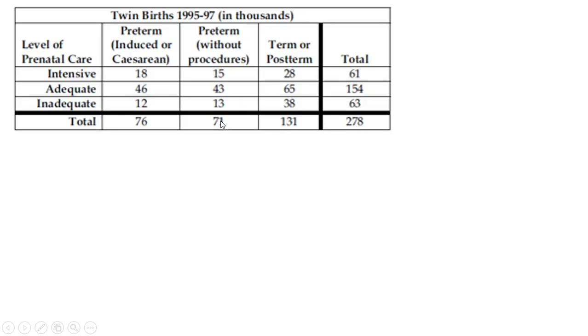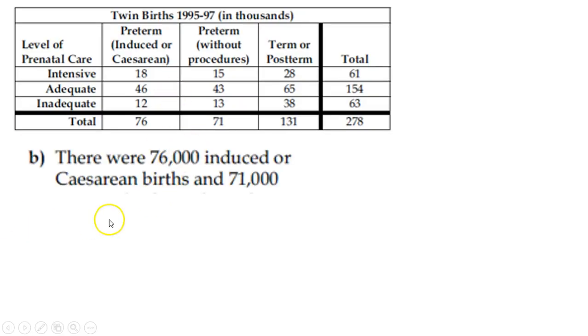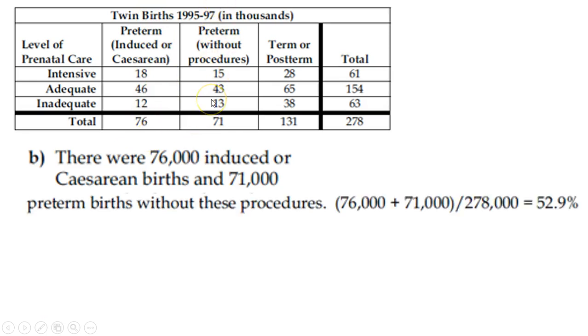Taking a gander here, it says there are 76,000 preterm, or cesarean, and 71,000, there are 76,000 induced, or 31,000 that were cesarean. So preterm births with these procedures, right?